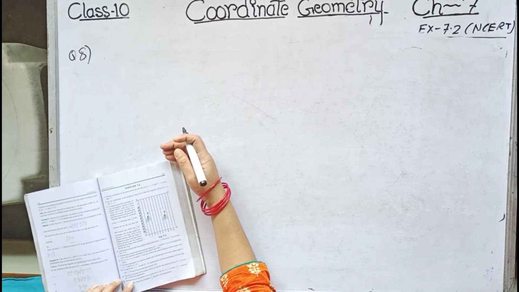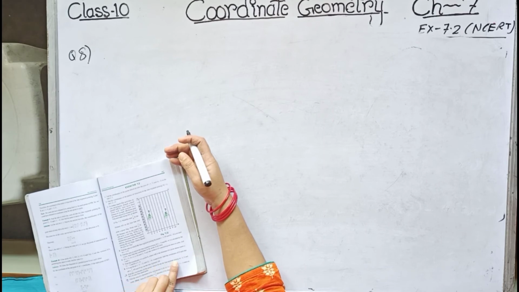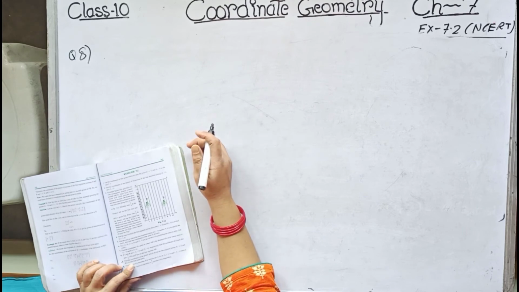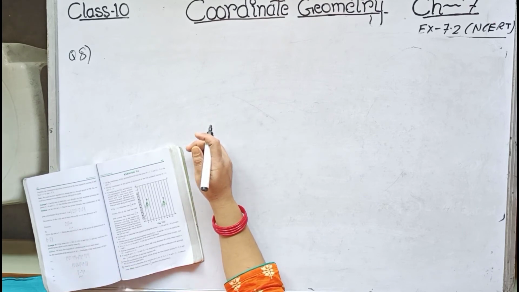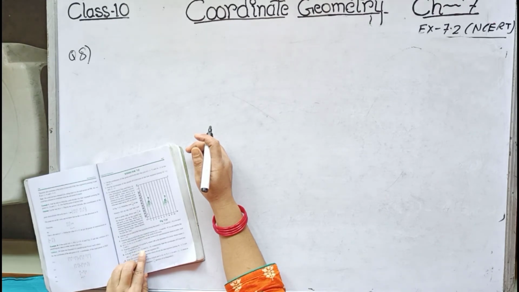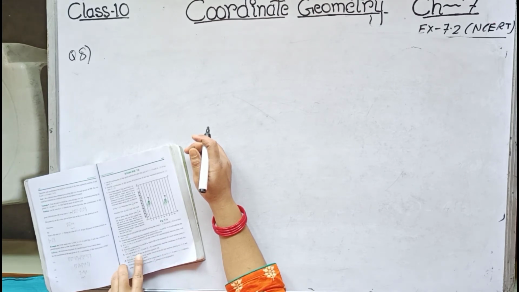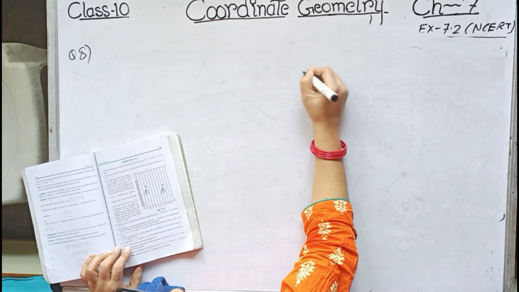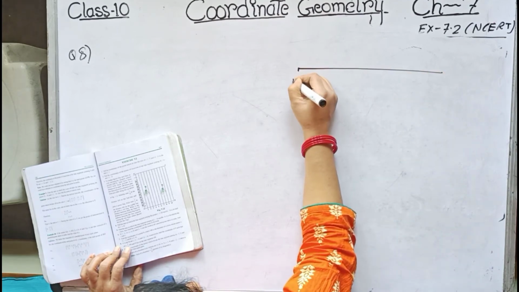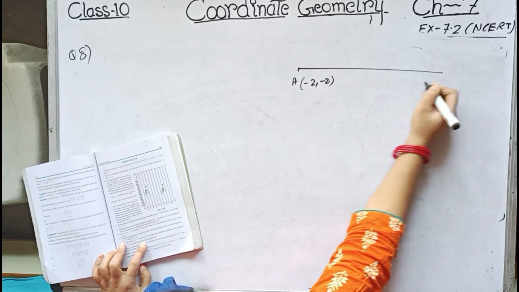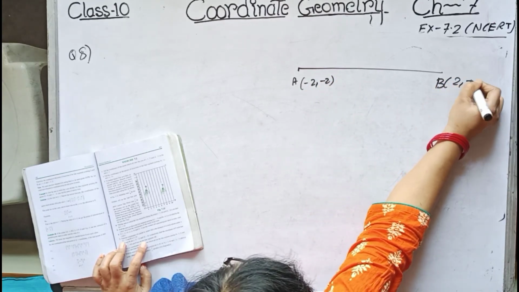Question number 8 says that if A and B are (-2, 2) and (2, -4), find the coordinates of the point P such that AP is equal to 3 by 7 of AB and P lies on the line segment AB. Children, please open your textbook. Now over here, point A is given as (-2, 2) and point B is given as (2, -4).